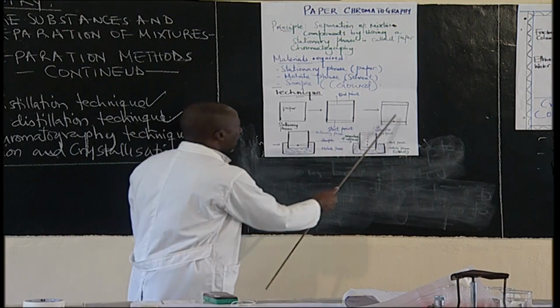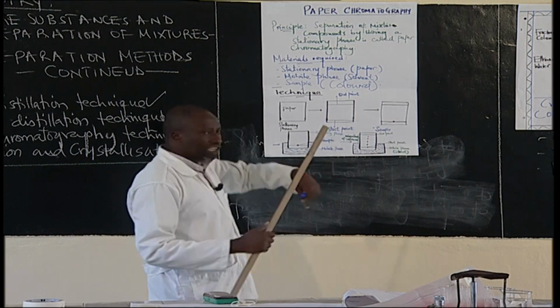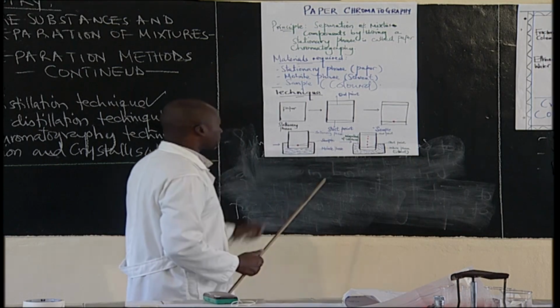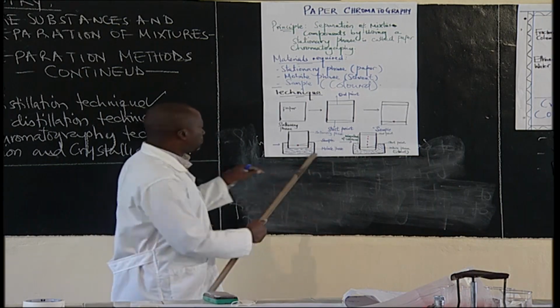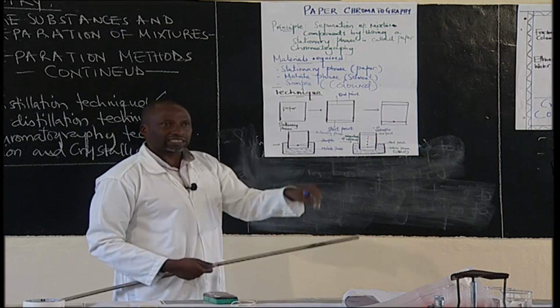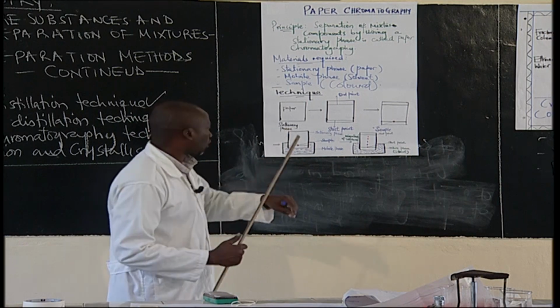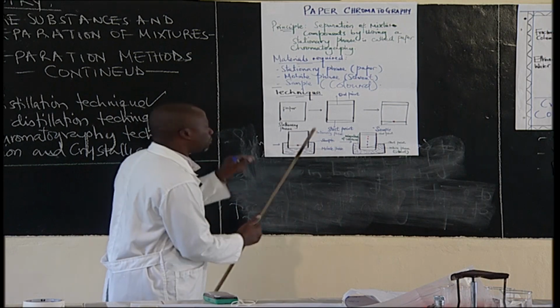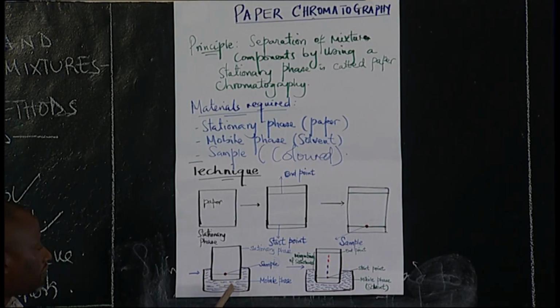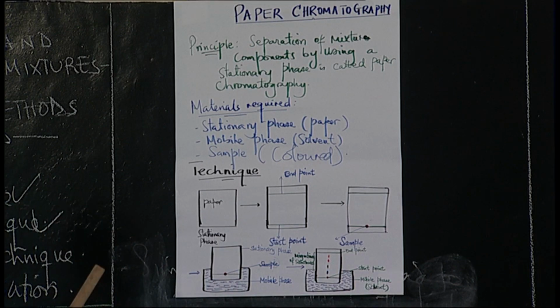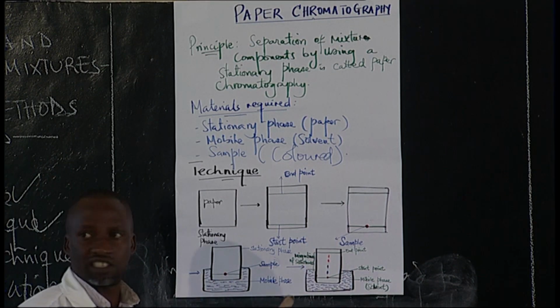After putting the sample, you insert the paper so that part of the paper is dipped into the mobile phase. That mobile phase is a solvent. The sample is slightly above the solvent, and the paper is the stationary phase. What happens when it is inserted?